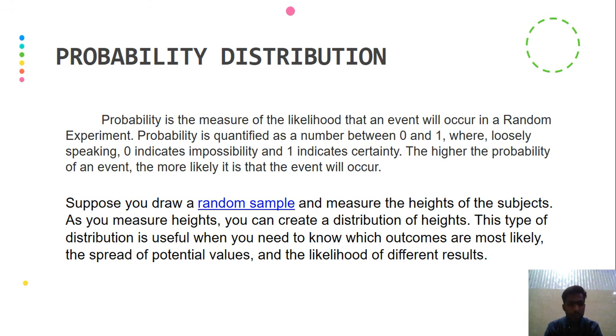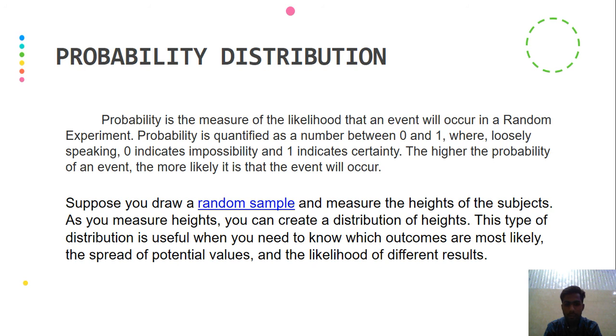Probability distribution. Probability is the measure of the likelihood that an event will occur in a random experiment. Probability is quantified as a number between 0 and 1, where loosely speaking 0 indicates impossibility and 1 indicates certainty. The higher the probability of an event, the more likely it is that the event will occur.